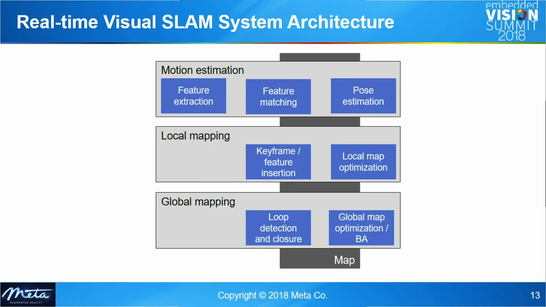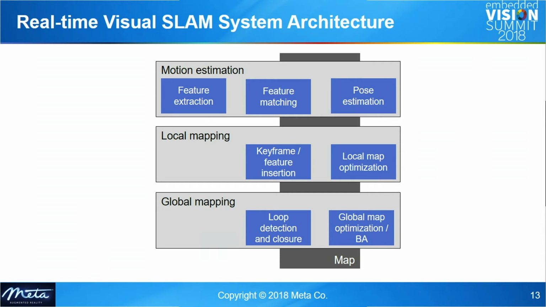Regardless of the specific SLAM system or implementation you have, you usually have these components in the system in one form or another. What is behind and connects everything is the map, the representation of the world that the camera sees.